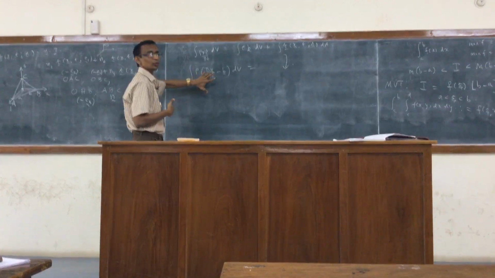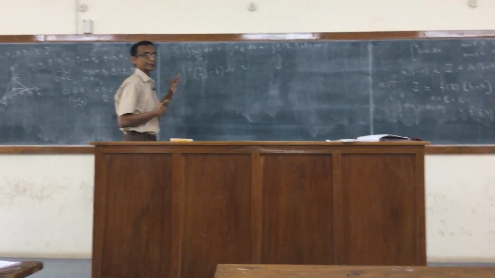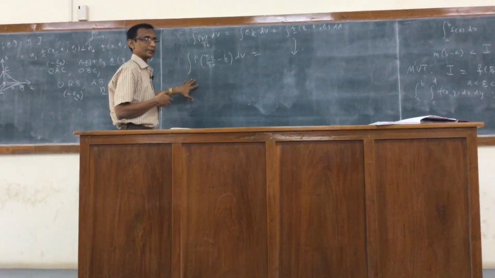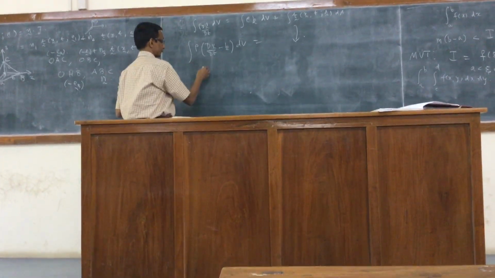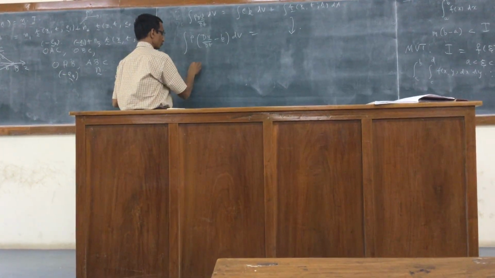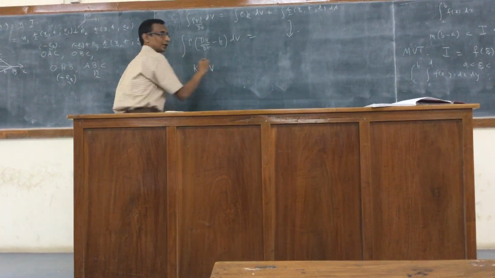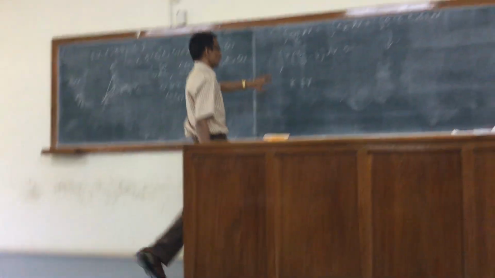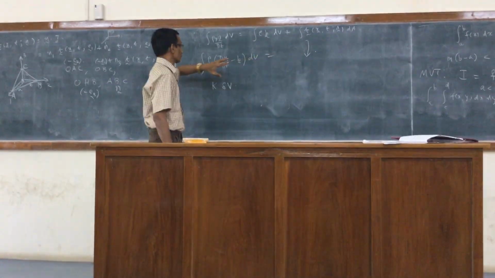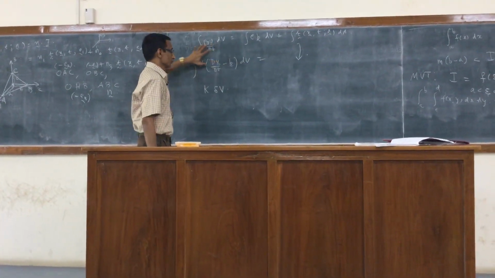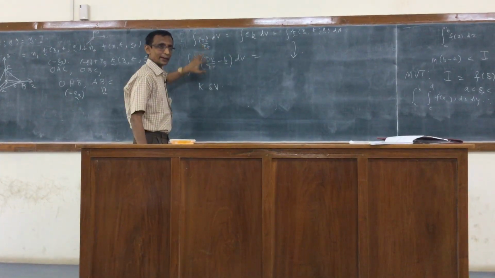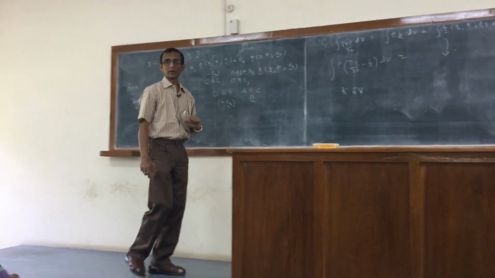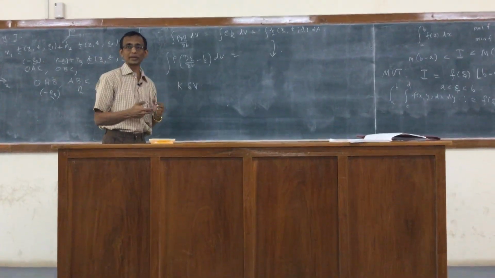So what I am going to do is apply the mean value theorem first for this integral. That's very easy to do. I will write this as some k times delta V, where k, if I want to strictly interpret the mean value theorem, is some value of the integrand within the tetrahedron, times the volume of the tetrahedron.